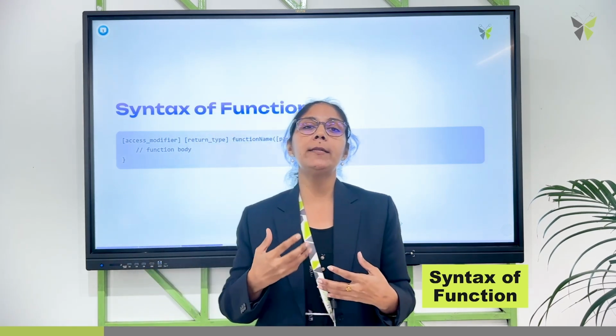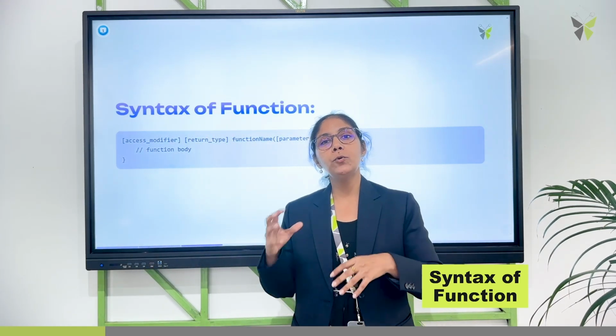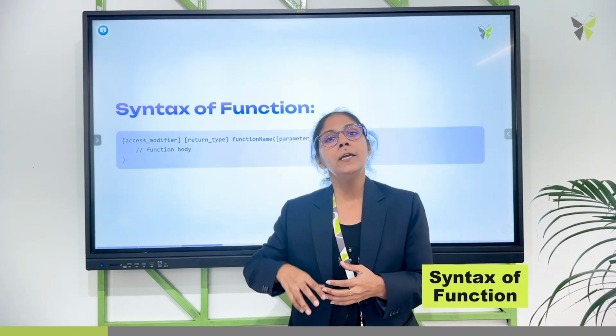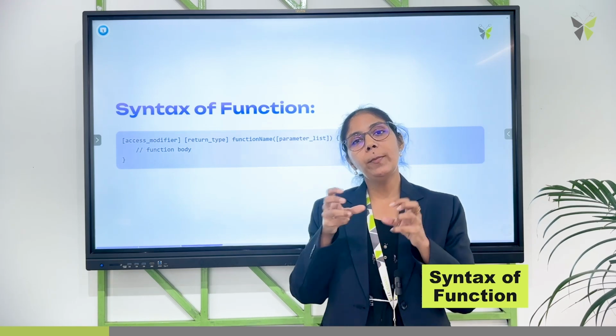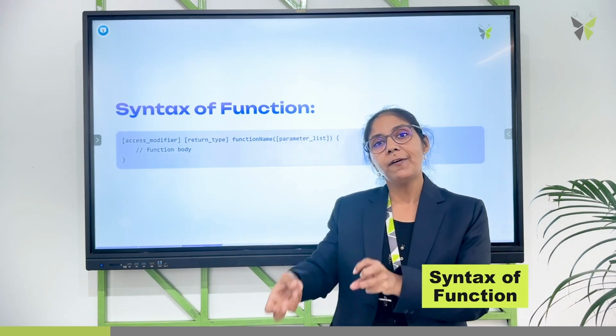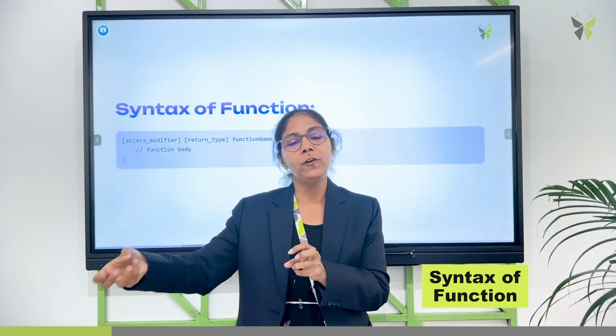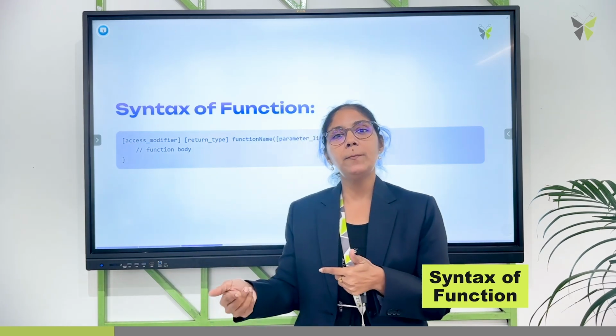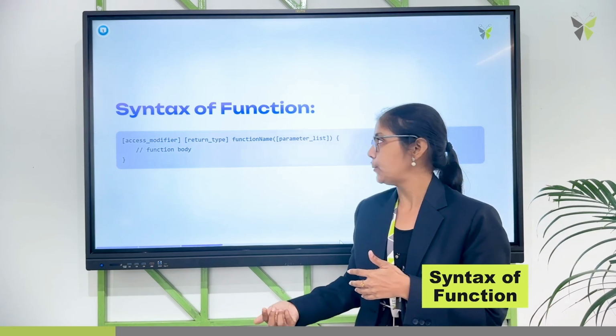My function is going to get the details. My function is going to calculate the result. My function is going to define the properties. So the function should define the task in the form of a verb, an action that it is going to perform. This is for understandability when you refer to this program later.